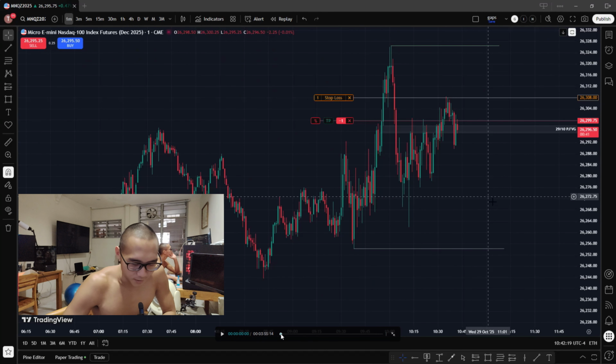And yeah, let's take a look. So basically, I was shorting for this opening range low, which is the 940 low, because we failed to reach the opening range high. And then we have some reaction of this model 2022 fair value gap.